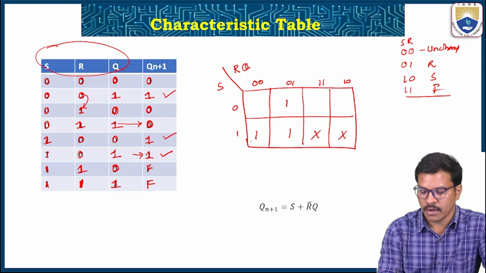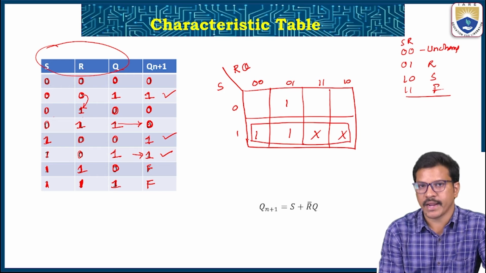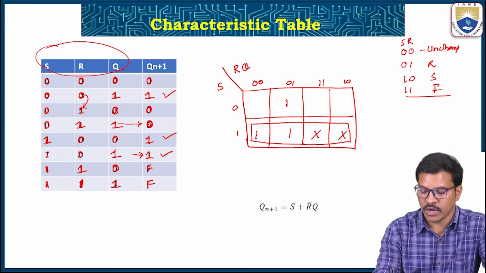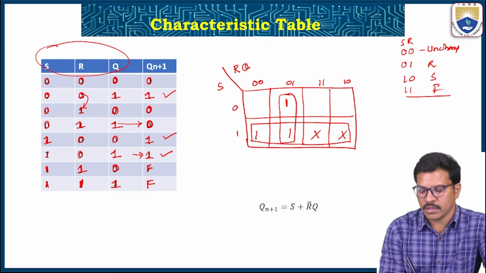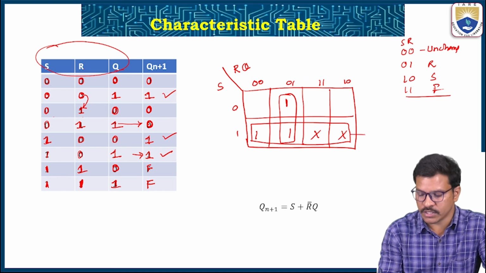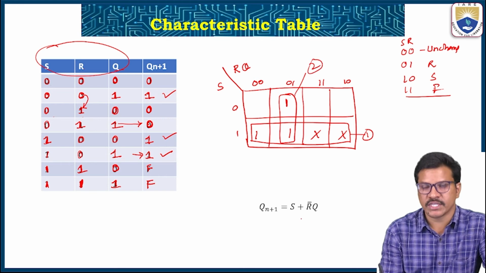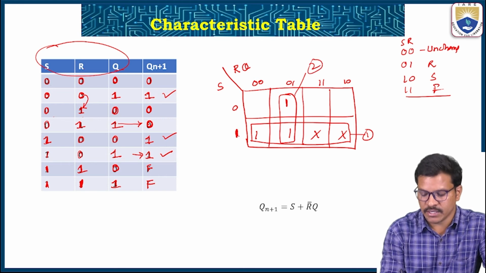So we can use this K-map with don't care and make the prime implicants for this quad, like 4 ones, and one 1 is left. In order to cover that one, we can make a pair, so that there are 2 prime implicants. This is the first one, this is the second one. The first box equation is S is equal to 1, S bar.